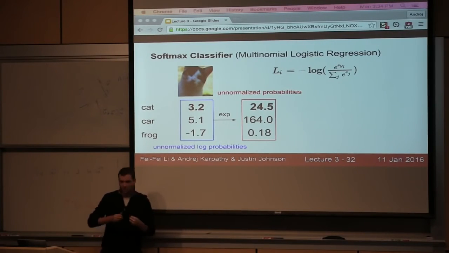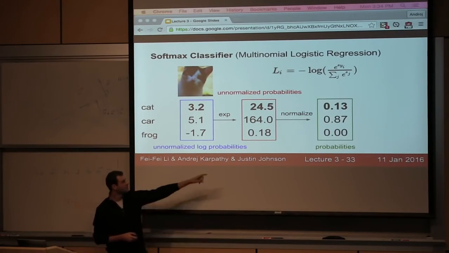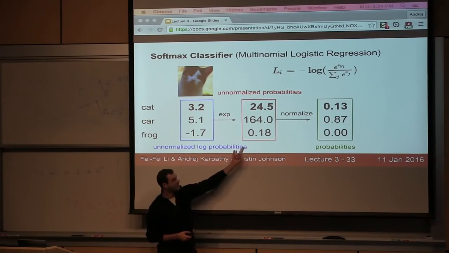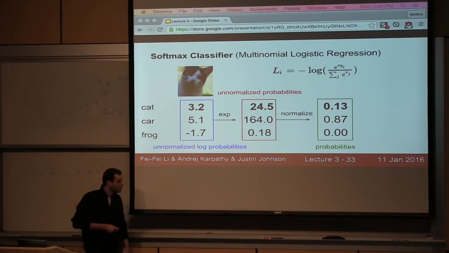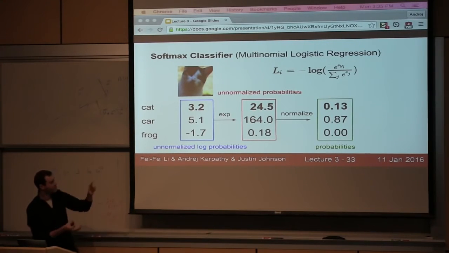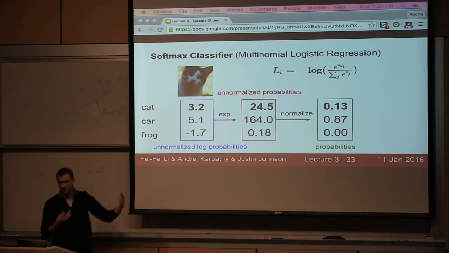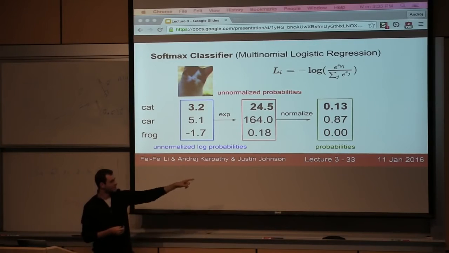And now probabilities always sum to 1, so we have to divide by the sum of all of these. So we add up these values and divide to actually get probabilities out. Under this interpretation, the probability assigned to this image of being a cat is 13%, car is 87%, and frog is very unlikely, 0%. So these are the probabilities.